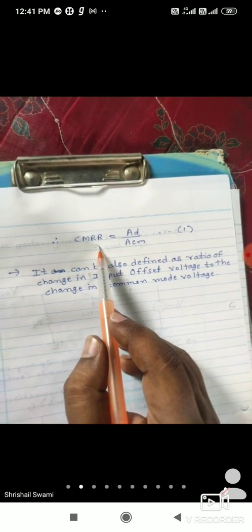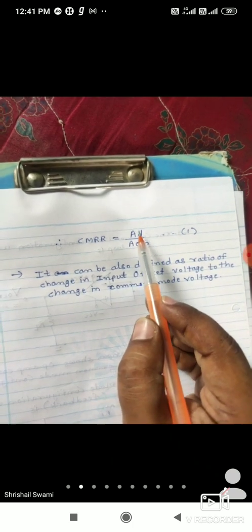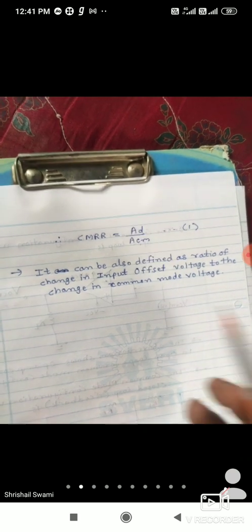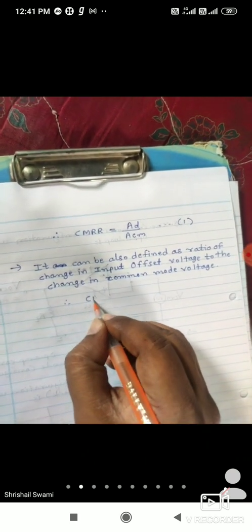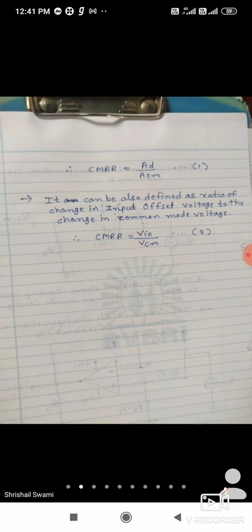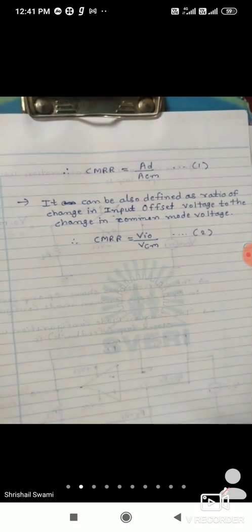We have seen that CMRR is the ratio of differential gain to common mode gain. It is also defined as the ratio of change in input offset voltage, that is VIO, to the change in common mode input voltage, that is VCM. So we can write CMRR is equal to VIO divided by VCM. This expression I will give as equation number 2.